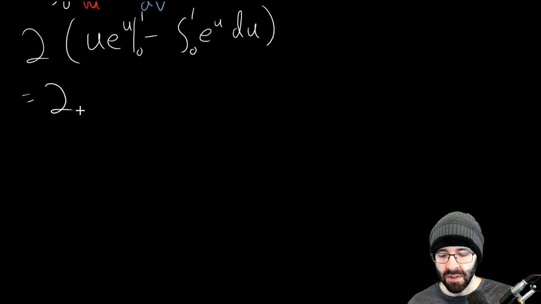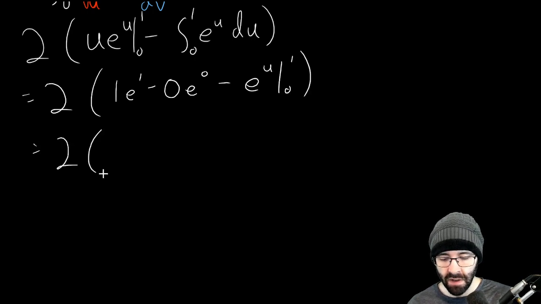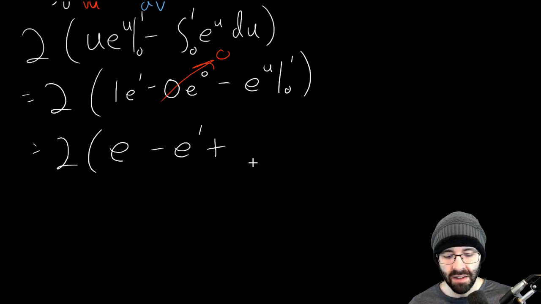When we do that, we get 2 times, this becomes 1 times e to the 1, minus 0 times e to the 0, minus the antiderivative from 0 to 1. Becomes e minus 0 minus e to the 1 plus the negatives cancel, e to the 0.